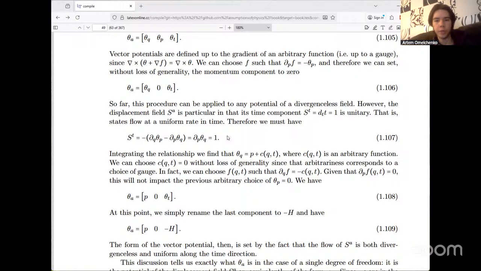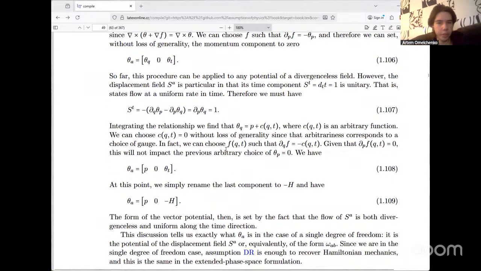In fact, we can choose f of Q and T such that partial_Q of f equals minus C of Q and T. Given that partial_P of f of Q and T equals 0, this will not impact the previous arbitrary choice of theta_P equals 0. And we have equation 1.108.